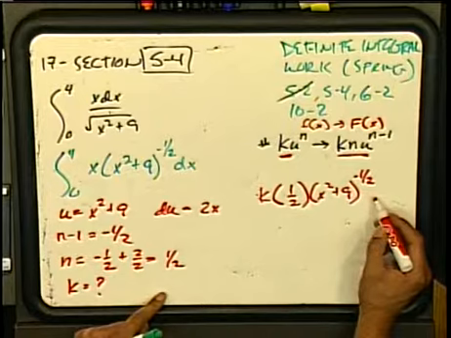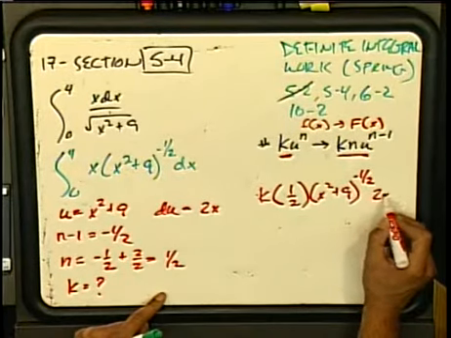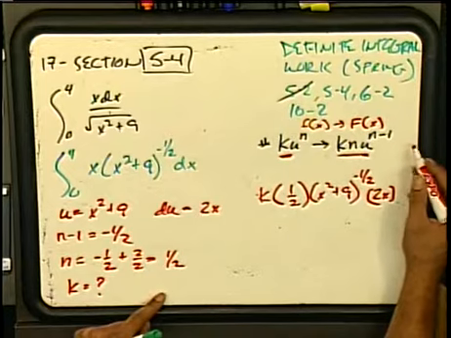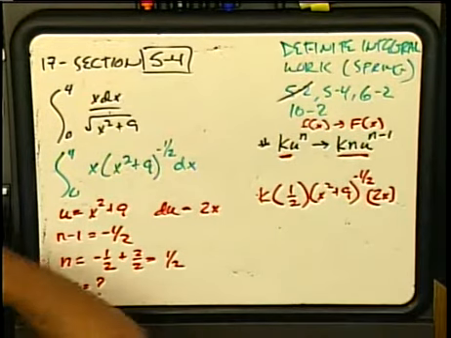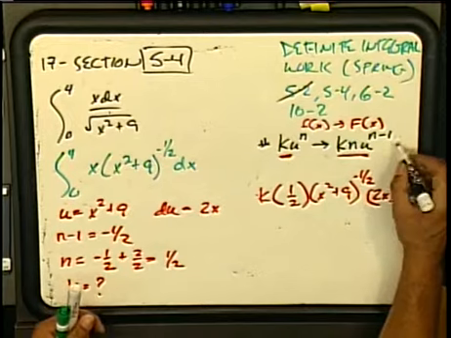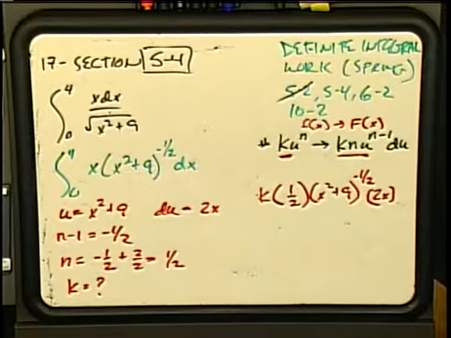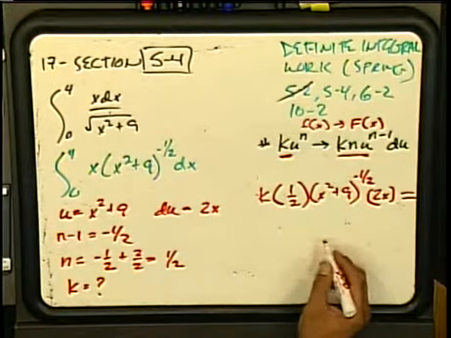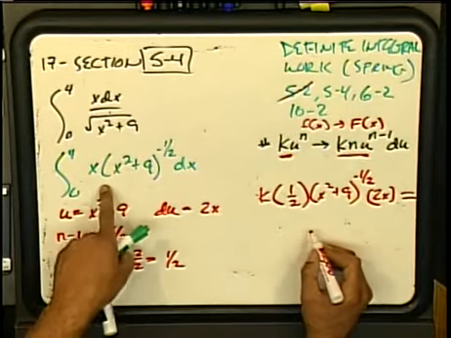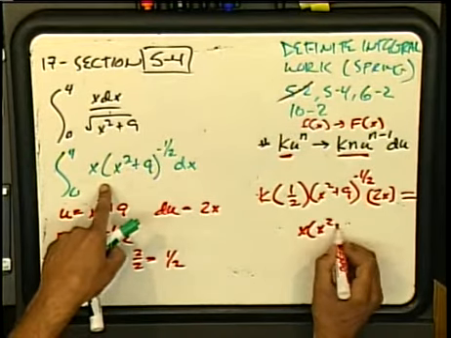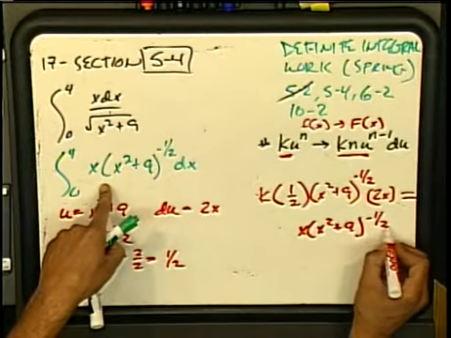du, so 2x. Chain rule. You see the dx. And you set that equal to the original, x squared plus 9 to the negative 1/2.